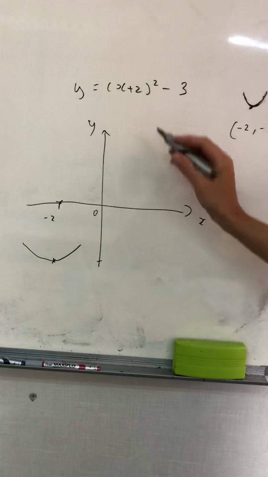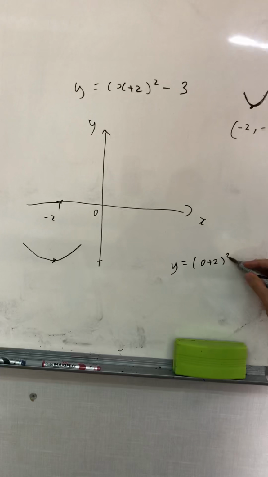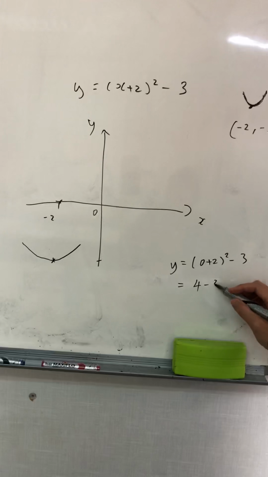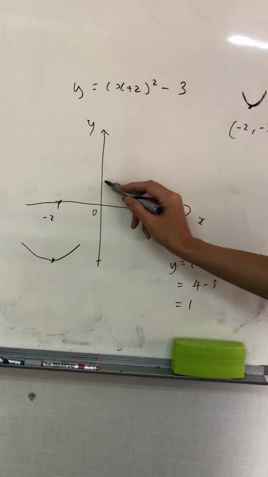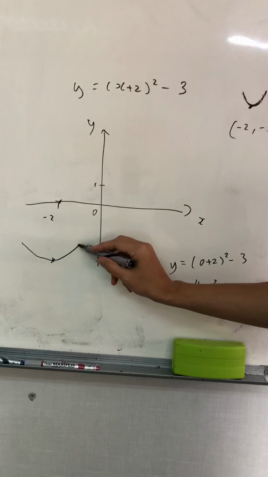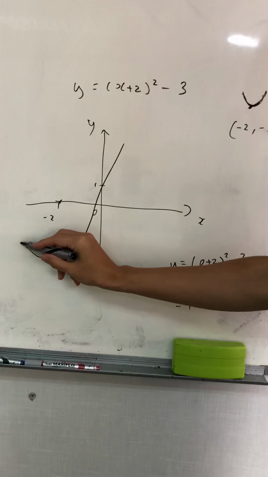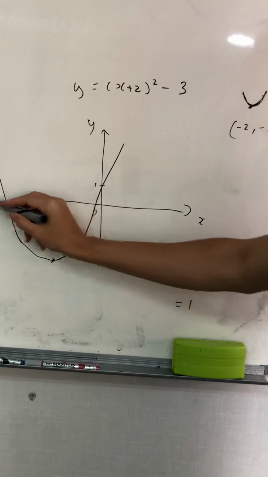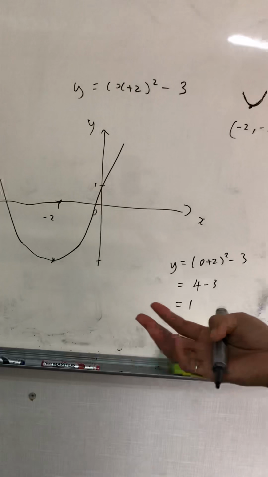So when you put x equals to 0, what do you get? y equals to 0 plus 2 square minus 3. So 2 square is 4. So 4 minus 3 equals to 1. So when x equals 0, y equals to 1. So it cuts at 1 here. That means this thing gotta go up this way and go up this way. It's your sketch, you sketch it yourself.